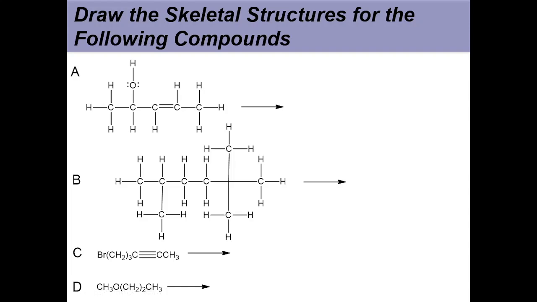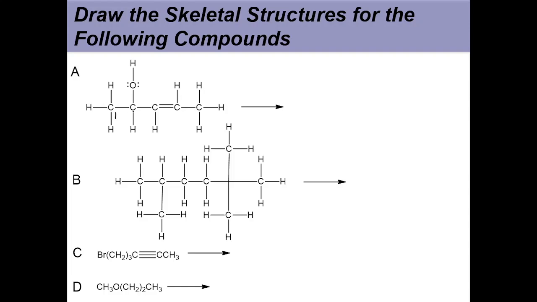Let's try a few drawings of going from the Kekule structure to skeletal structure, or going from condensed structure to skeletal structure. Skeletal structures basically join the carbons and omit the hydrogens directly attached to the carbon. So make sure you count the carbons correctly first.